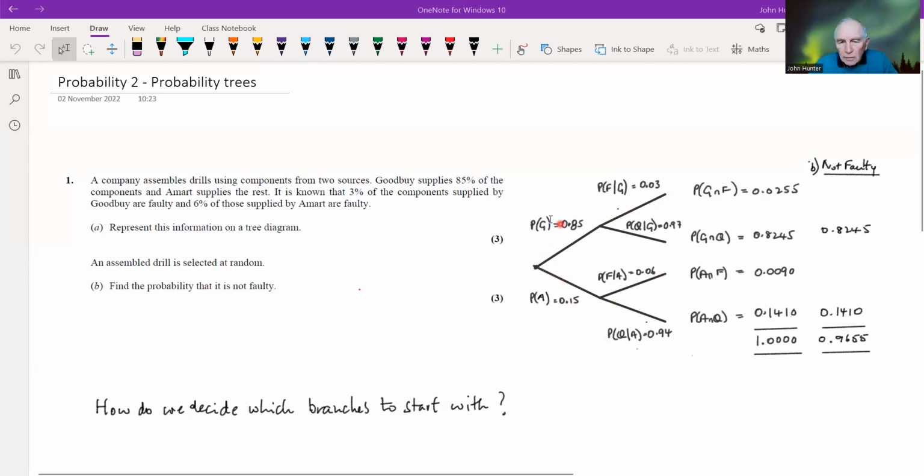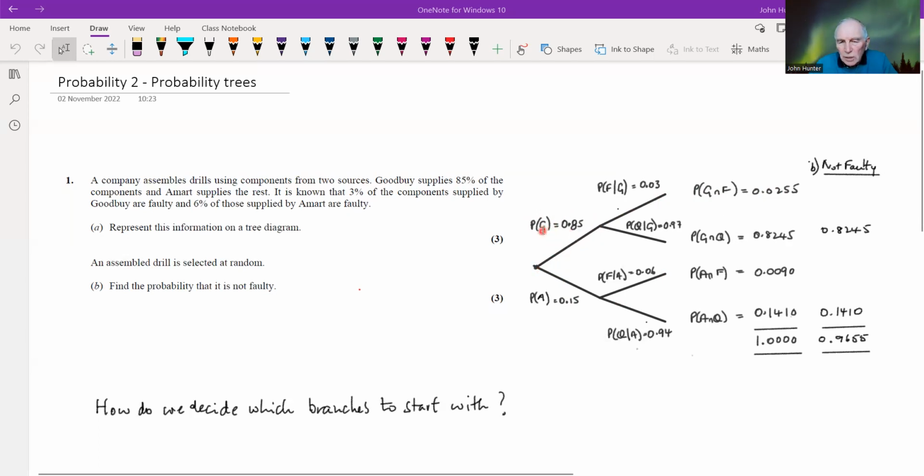Now the annotation of the event is something that should go with the branch. Seeing it represented on the node doesn't work quite so well. Really, it should go with the branch.